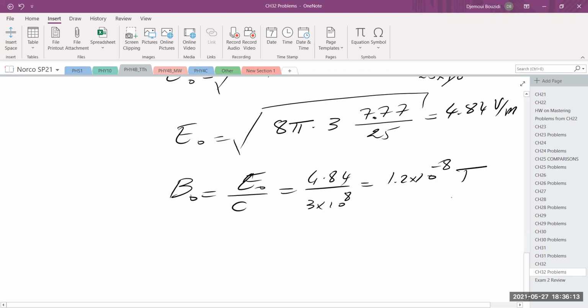The point I'm trying to say from this problem is telecommunications does not cause health problems more so than anything else. As a matter of fact, look at the radiation coming from the sun, it's far more electric field in it, far more magnetic field in it. So the thing that people are circulating about this telecommunication causing viruses and COVID-19 and all of that is nonsense, at least from a physics perspective.